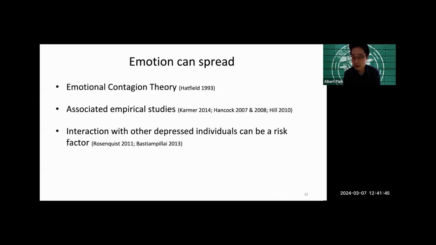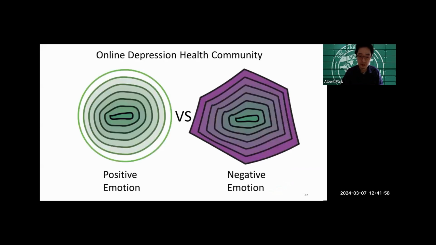And we know that emotion can spread, and interacting with other depressed individuals can be a risk factor for depression. So now we know both positive and negative emotion exist. The question is, which has a stronger effect in members of depression communities?